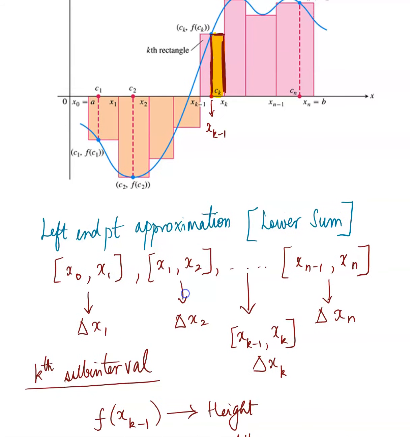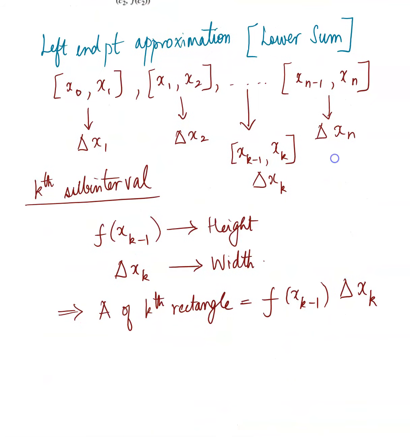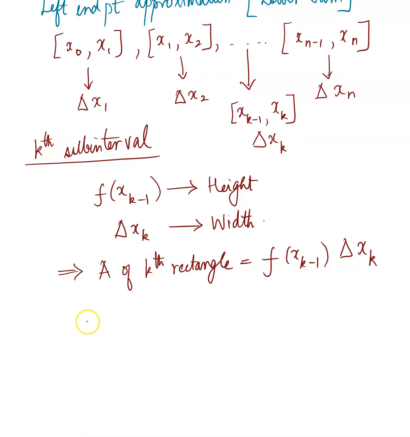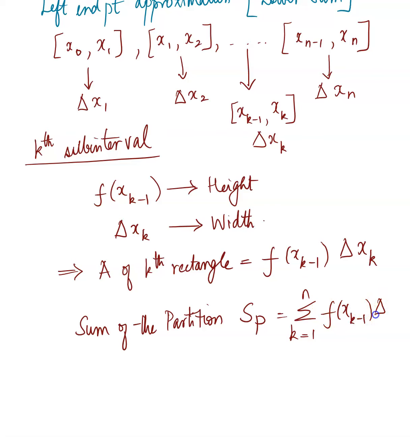If this was the case, then you take the sum of all these rectangles using the left hand point, and if you add all those areas, you get the sum of the partition, we call it SP. That will be the sum over k from 1 to n of f of xk minus 1 times delta xk, isn't it?